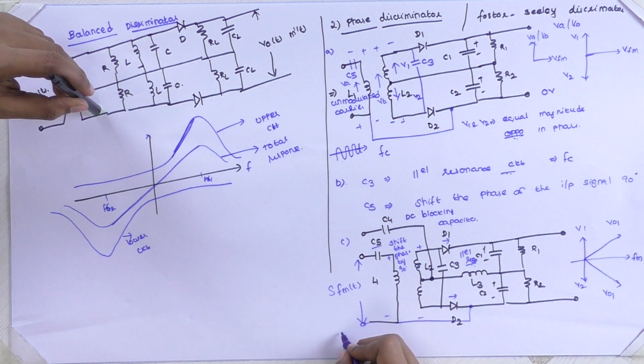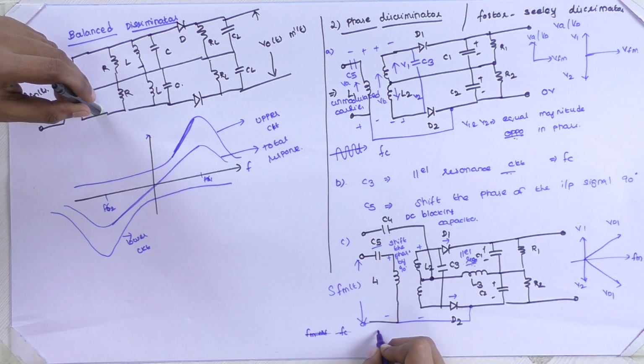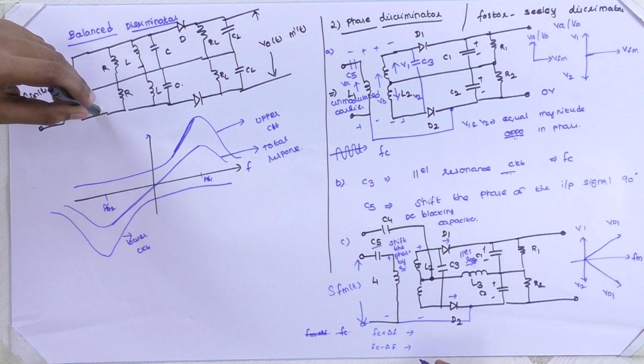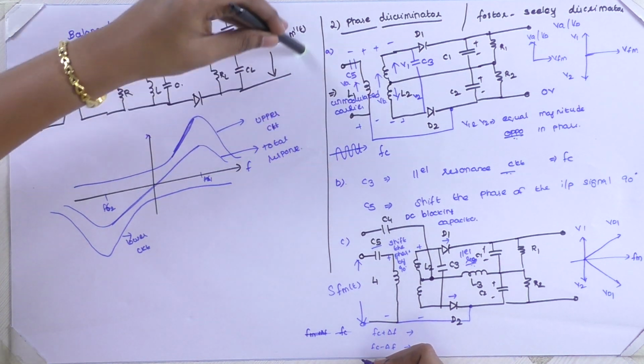Our incoming FM signal frequency may be FC plus del F, or FC minus del F. Either it will have increasing frequency or decreasing frequency, that is, the maximum departure will either increase or decrease with respect to the unmodulated carrier frequency.